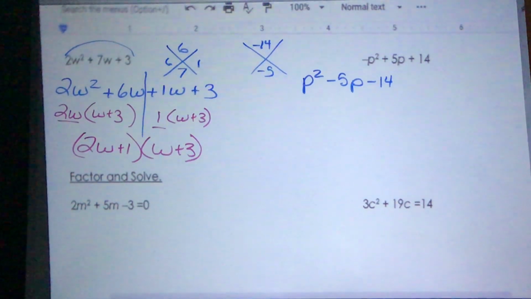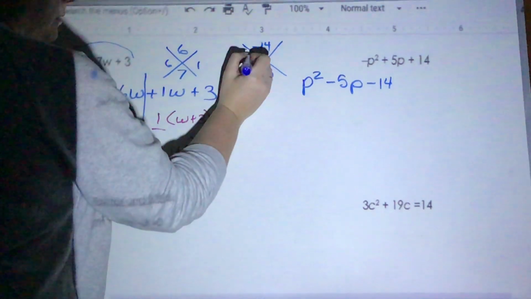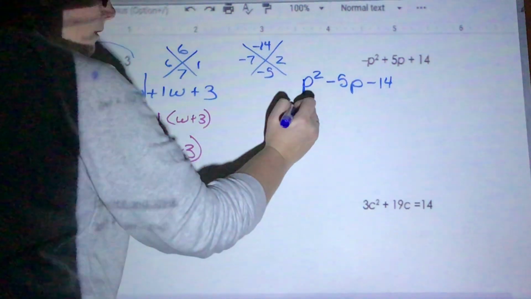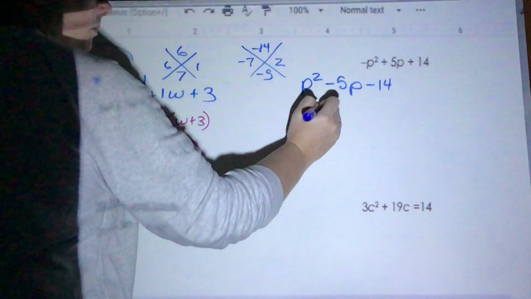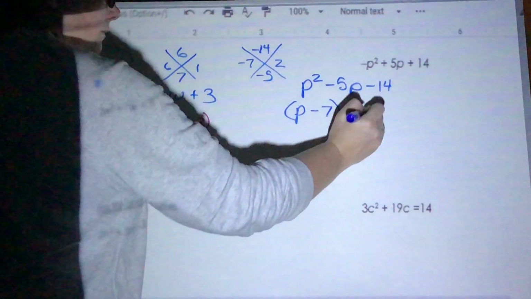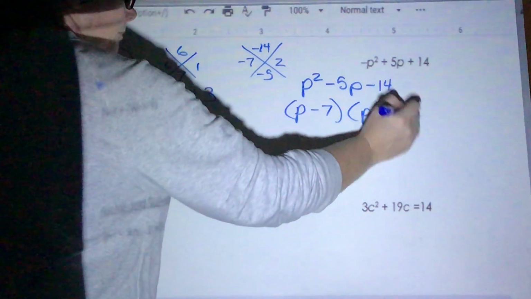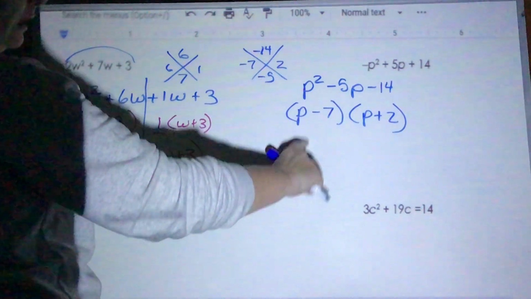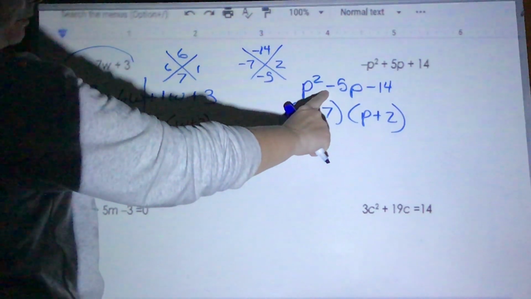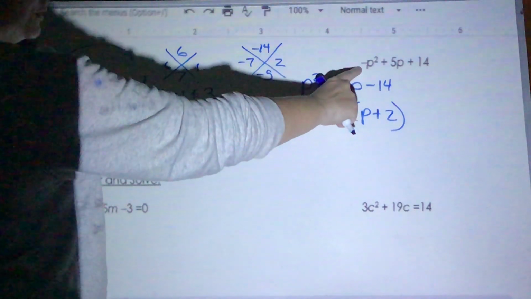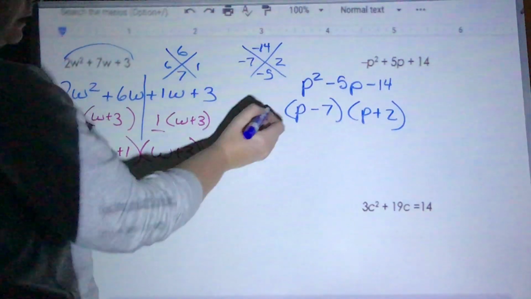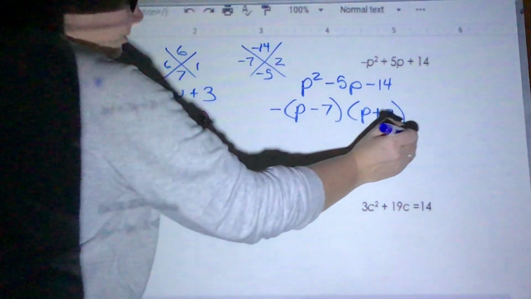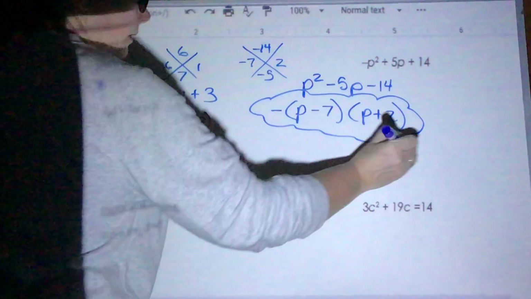And those two numbers would be negative 7 and positive 2. So I would end up with p minus 7, p plus 2. If I do this out though, I'm going to get this, which is not what we want to have happen. We want to get this. So that negative that I took out at the beginning, I'm going to attach again. So my final answer will be this.